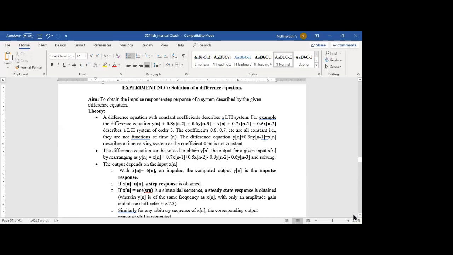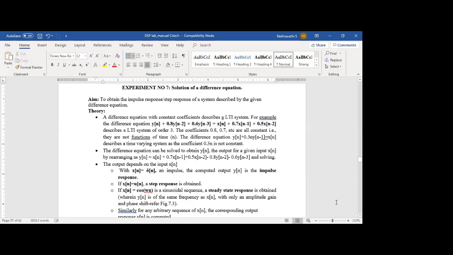I cannot get a different type of fruit by planting a mango plant. If I want a mango, definitely I need a mango seed itself. Simple. That is nothing but the input itself. So here, depending upon the type of input, my output will also vary. Okay, and for any given difference equation, I can get any type of output depending on the input.